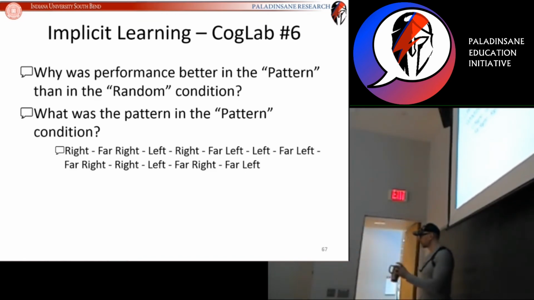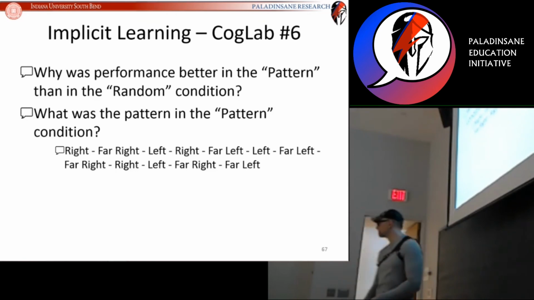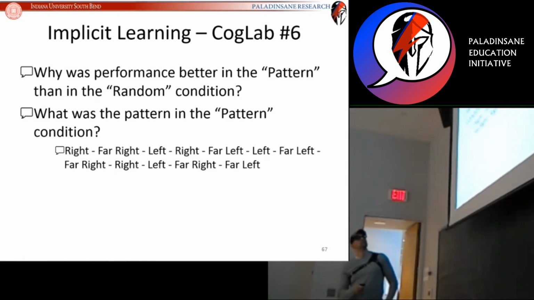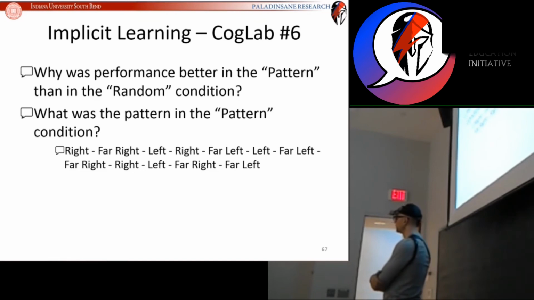Yep. Well, I'm pretty sure that I was in the pattern group, but only because there's that small chunk in the middle, the far left, far right, just those middle 4. I recognized that pattern, but not the whole thing. I know I saw that little chunk multiple times.